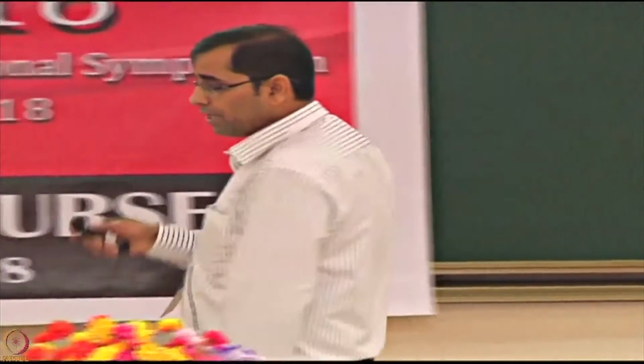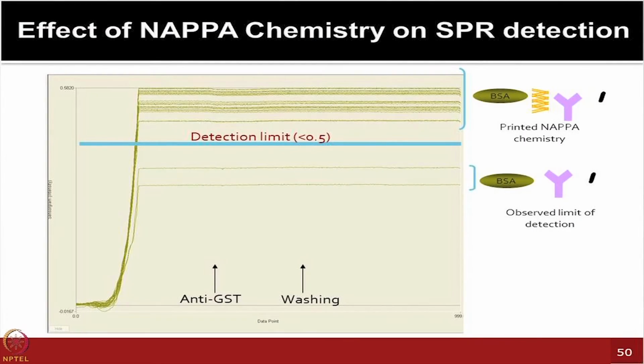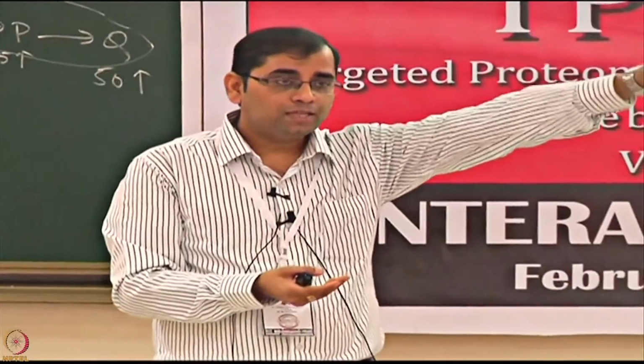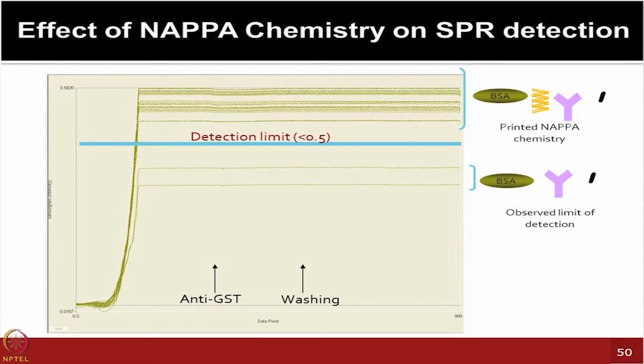So when the initial experiment was started, the baseline, when you're printing so much mass on the gold chip, and in SPR platforms you are only measuring how much binding you can see happening, the baseline itself was going off the response unit. So here you have literally no room to find out how much binding you can observe later on, because with the buffer alone, the baseline is very high, passing beyond the response unit of the instrument.